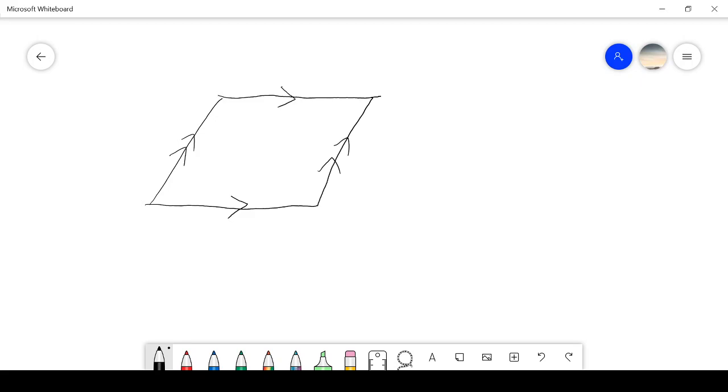And the first thing I'm going to do with this parallelogram is that I'm going to cut it right here.